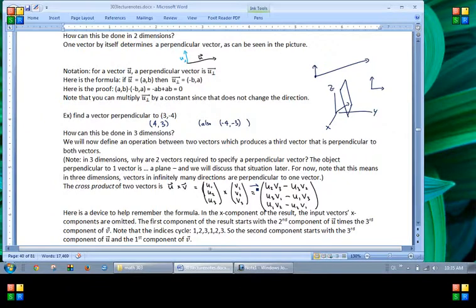And notice that the indices cycle. So when you go down here, the second component starts with 2, comes with 3, then 1. So it's u3v1 minus u1v3. And then the third component after 3 comes 1, 2. So it's u1v2 minus u2v1.